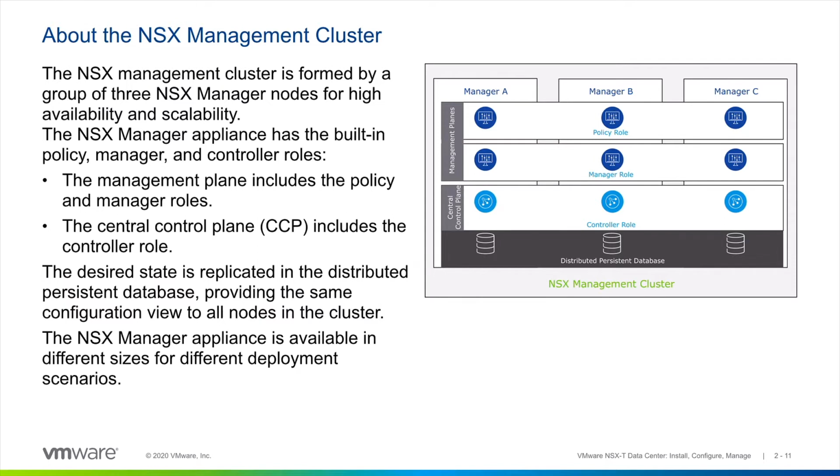The manager role sits in between policy and the control plane to break down that desired state into specific constructs and atomic objects that need to be realized. And then the manager role sends that information down to the central control plane, which then actually knows how to communicate with the data plane.